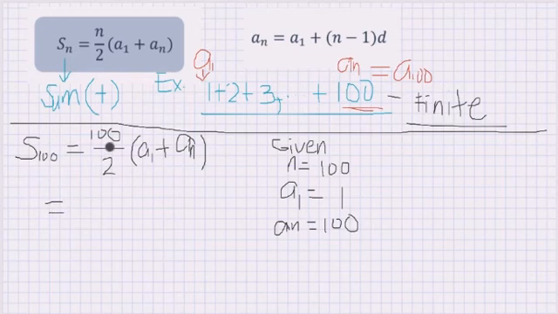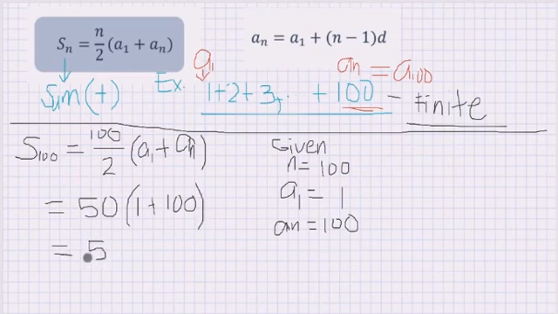So the sum of 100 terms is equal to 100 divided by 2, which is 50, times the quantity of our first term, 1, plus 100, which is our nth term. You work on the parentheses first, so 100 plus 1 is 101. Therefore we have 50 times 101.